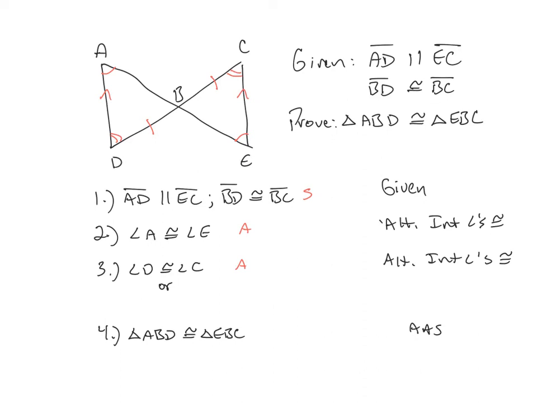On this second one, if you didn't use two different alternate interior angles, you could say that angle ABD, this one right here, is congruent to angle CBE by vertical angles are congruent.